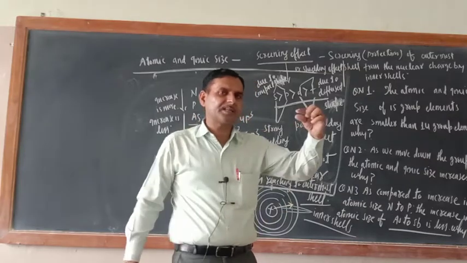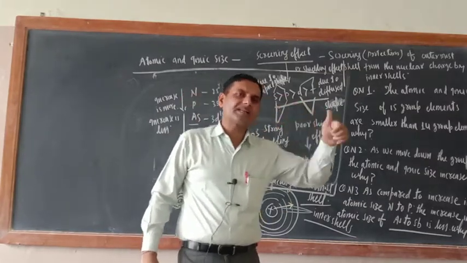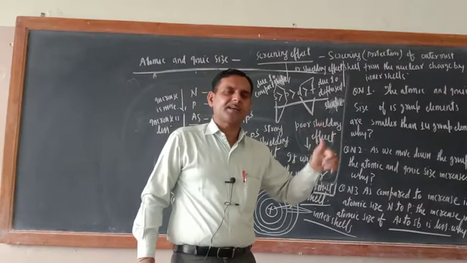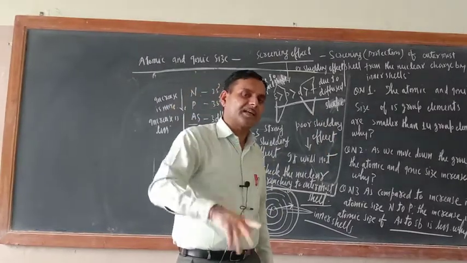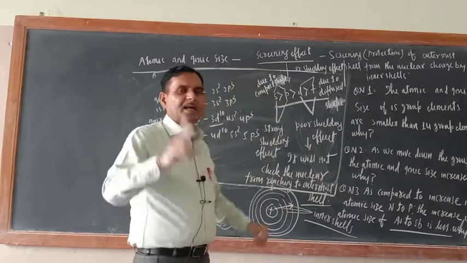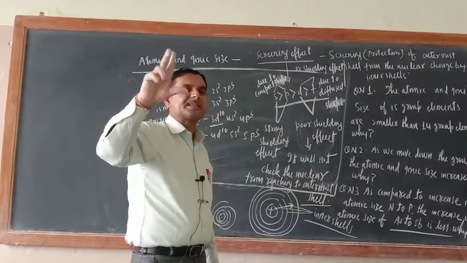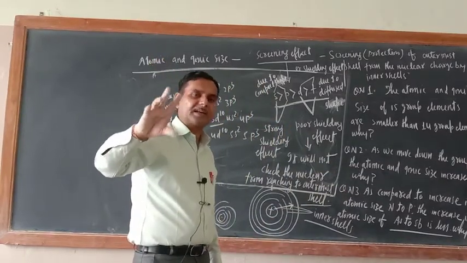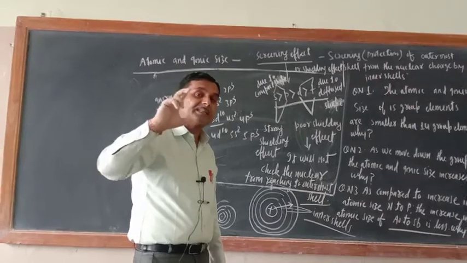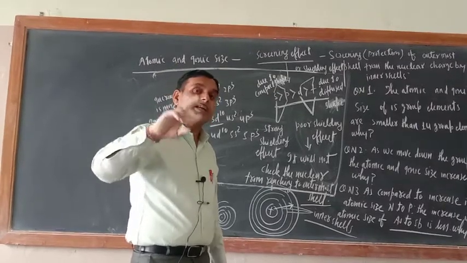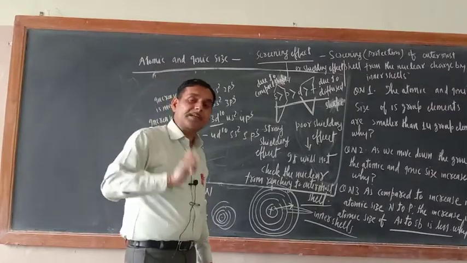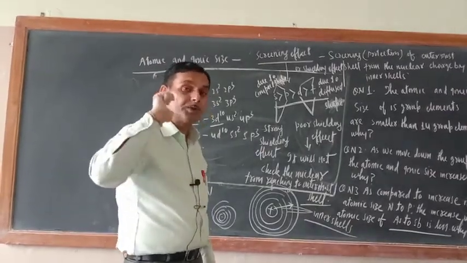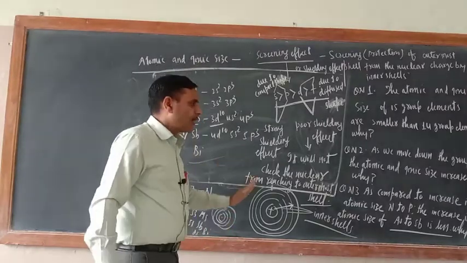But suppose you have taken a plastic sheet, so you can see across because its shape is not compact. Same is the case here. S and P orbitals have a very strong screening effect because their shape is compact. D and F have a poor shielding effect. Why? Due to their diffused shape. This is the only reason.